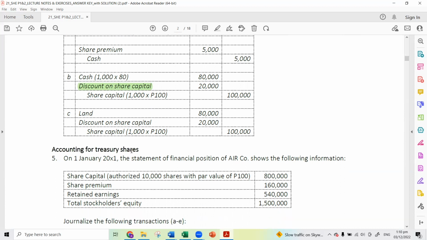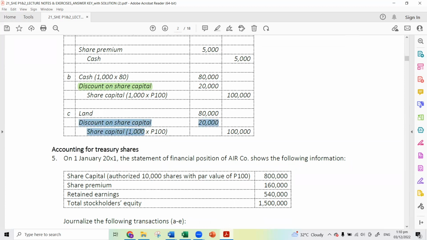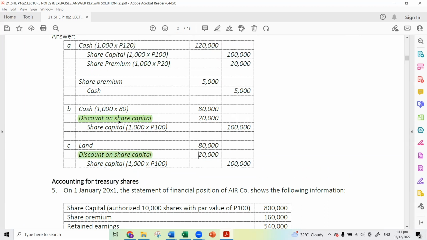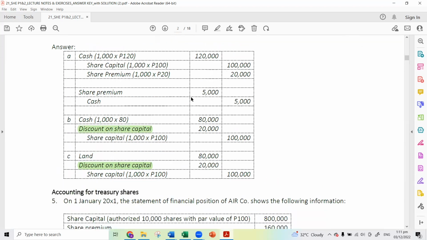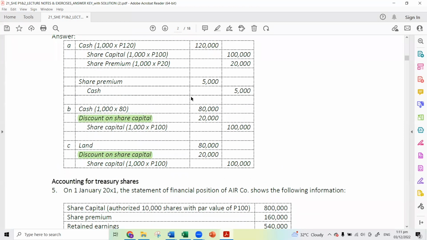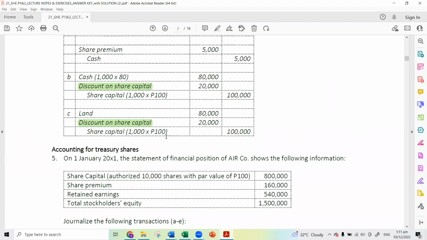Ano pa? Wala na. Okay? Eh, bakit dito, sir? Discount on share capital din. Sige. Ito, class, this is related to the shares issued for non-cash consideration. Okay? With fair value that is below the stated value.